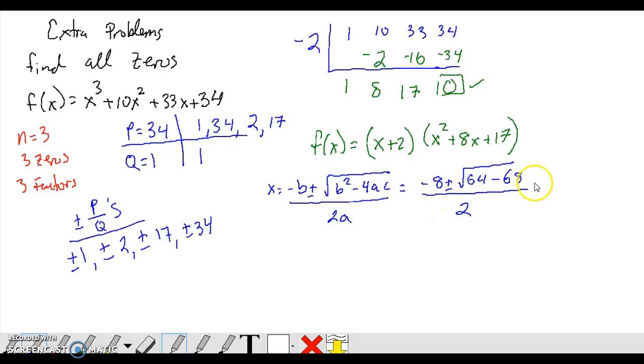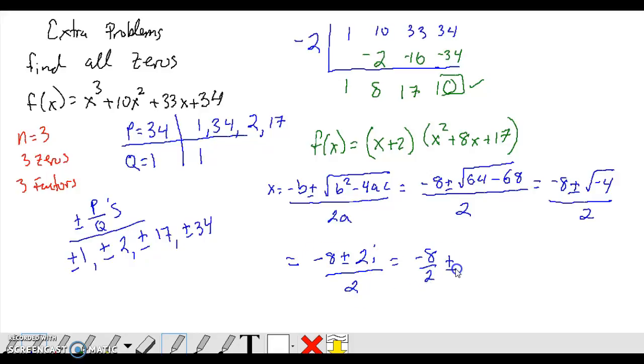Simplify, so this gives you negative 8 plus or minus the square root of negative 4, all over 2. That's going to be your complex number, which is lovely. I'm going to bring it down over here. So negative 8 plus or minus the radical of negative 4, which is 2i, all over 2. Remember that the 2 gets distributed to both terms in the numerator: negative 8 divided by 2 and 2i divided by 2.